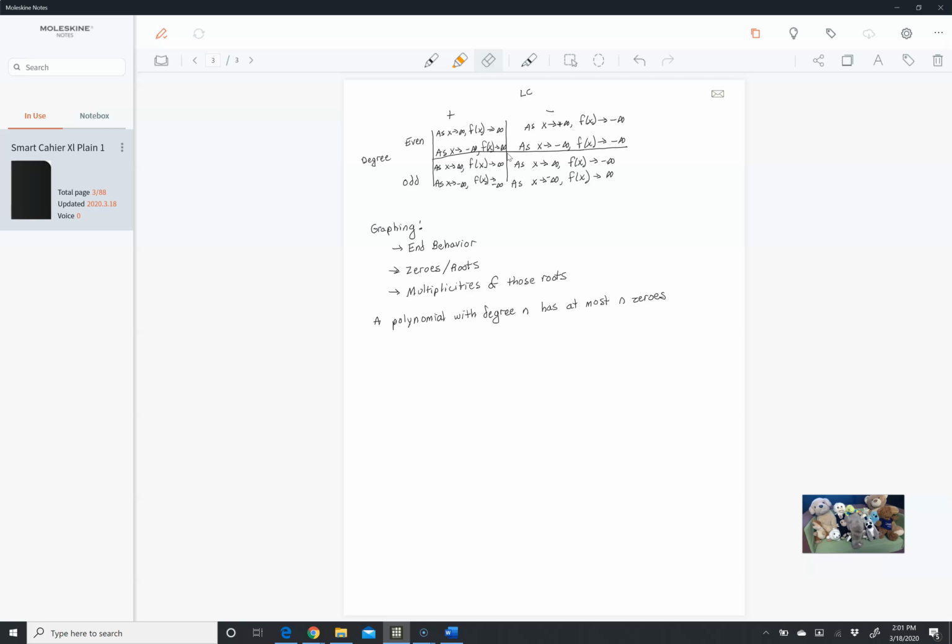And we actually know that it has at most n minus 1 turning points. Okay, so a polynomial with degree 5 can turn around a maximum of 4 times.